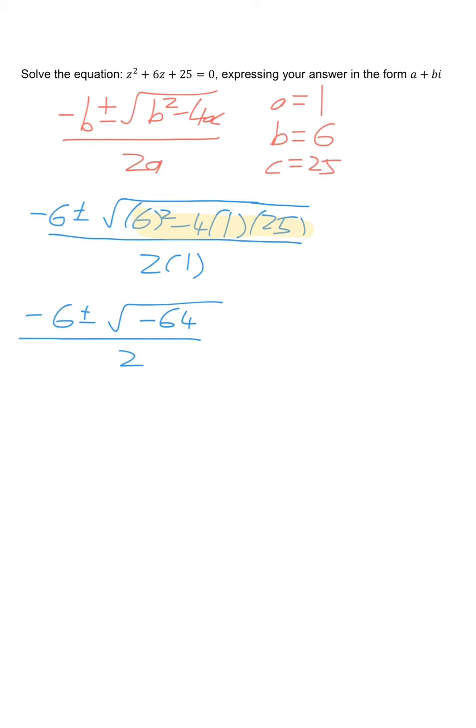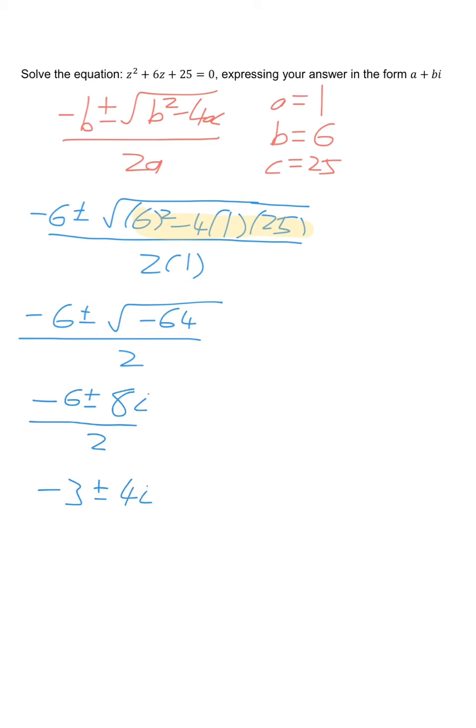Now, the square root of negative 64 would be 8i. We covered that in the first lesson on complex numbers. Now we still have the minus 6 plus or minus, now all over 2. So this will simplify to minus 3 plus or minus 4i.